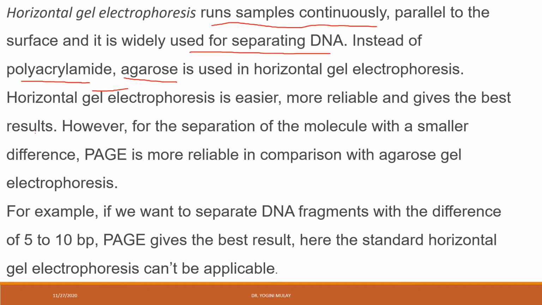But if we want to separate molecules with a very small difference between them, then instead of agarose one should go for PAGE. Polyacrylamide is the best for separation of molecules having a very small difference. For example, if we want to separate DNA fragments with a difference of only 5 to 10 base pairs, then in this case agarose will not give the best results.